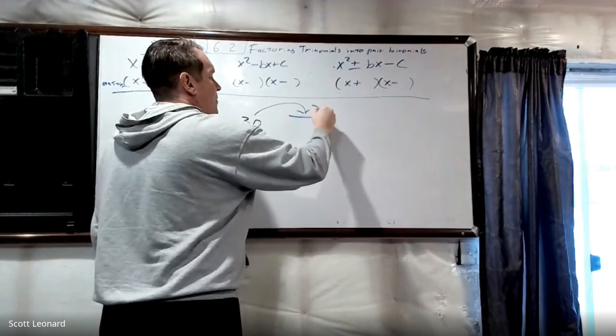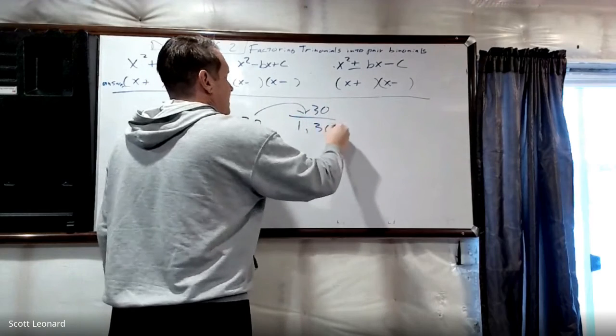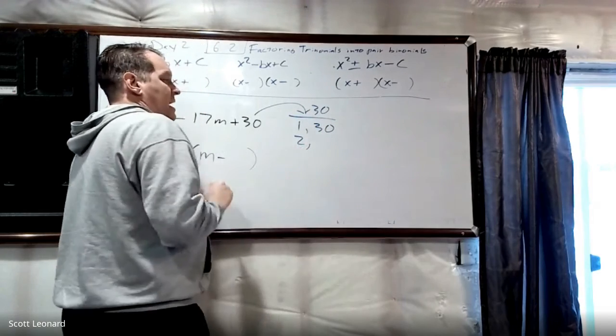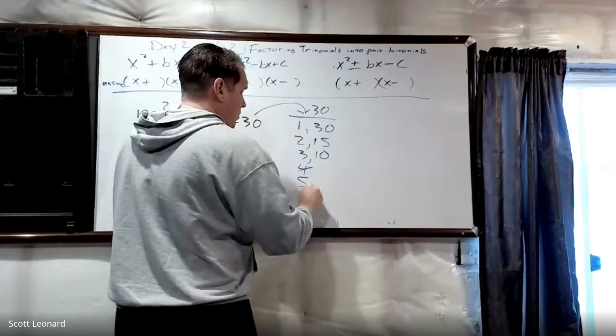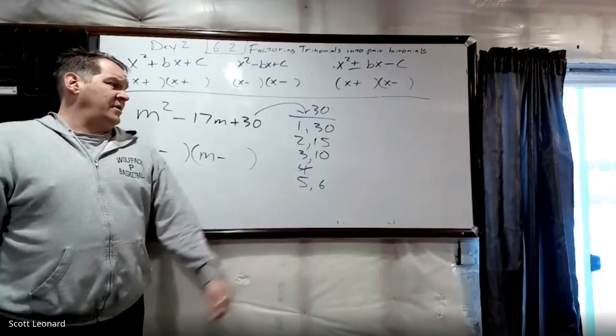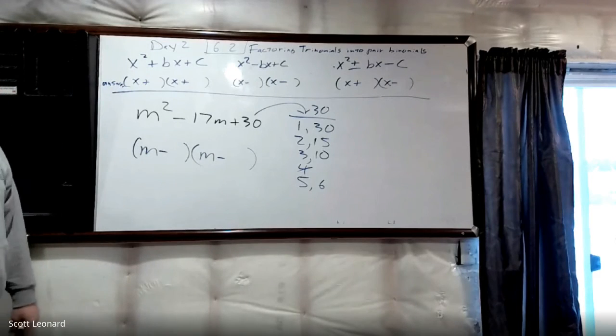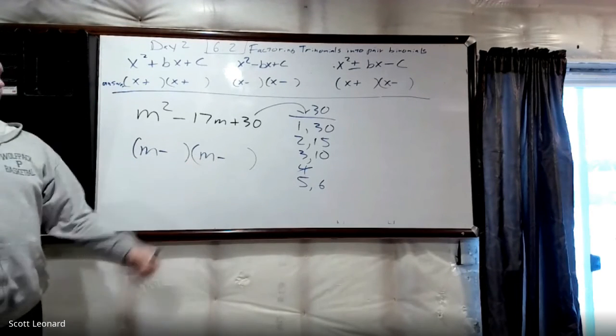We always start out with 1. 1 and 30. 2 works. 2 times 15. 3 also works. 3 and 10. 4 no work. 5 works, 5 and 6. 2 numbers are together, so you know you're done. You can stop. How am I going to get a -17 if they're both negative? 2 and 15.